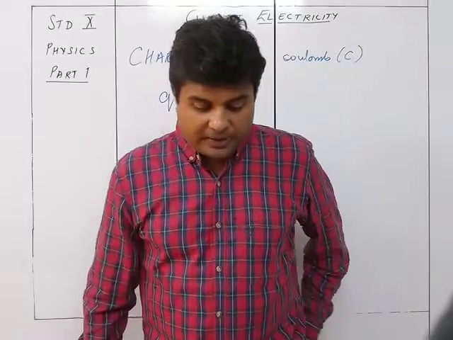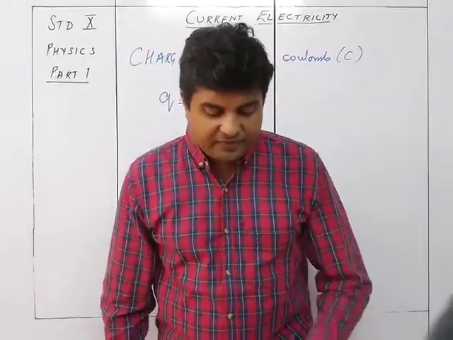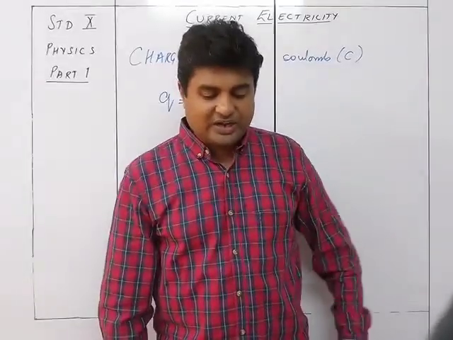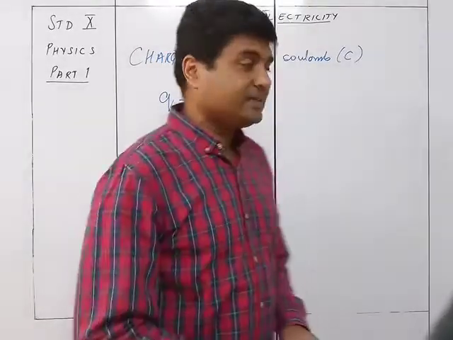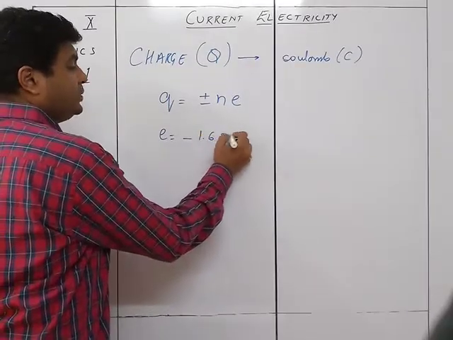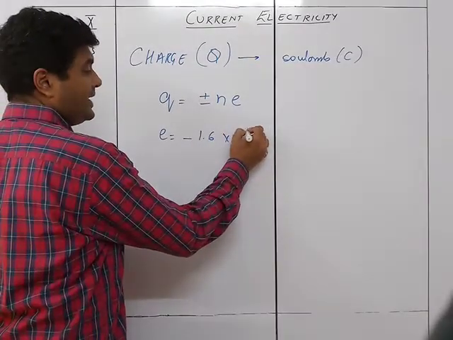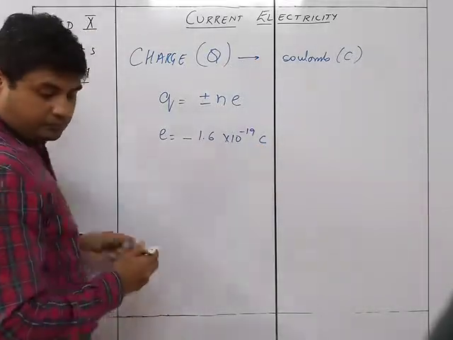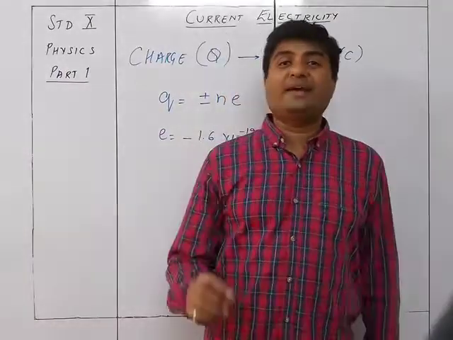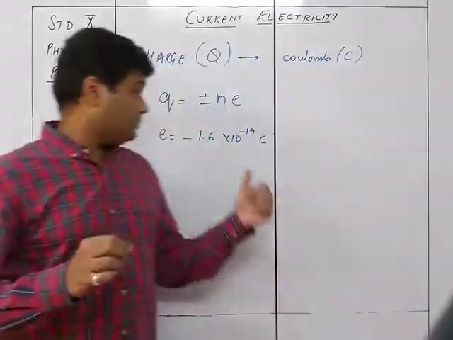Here N is the number of electrons, with a plus sign for deficit and a minus sign for excess, and E is the charge on the electron, given as E equals minus 1.6 into 10 raised to minus 19 coulomb. So that is the value of the charge present on one electron.